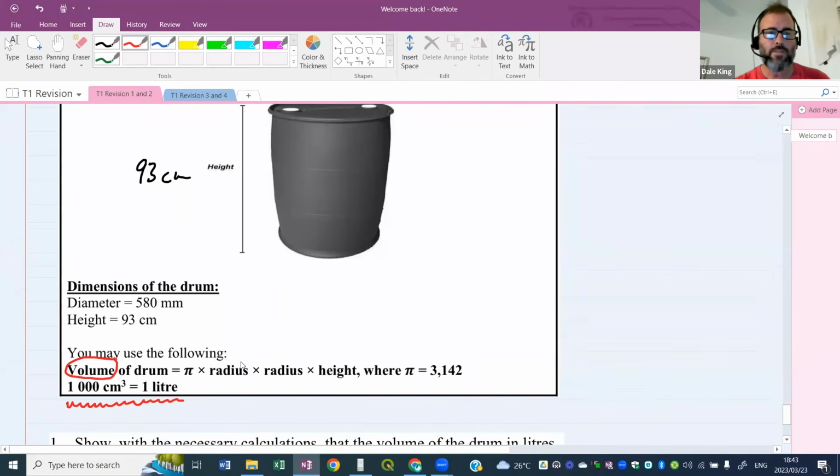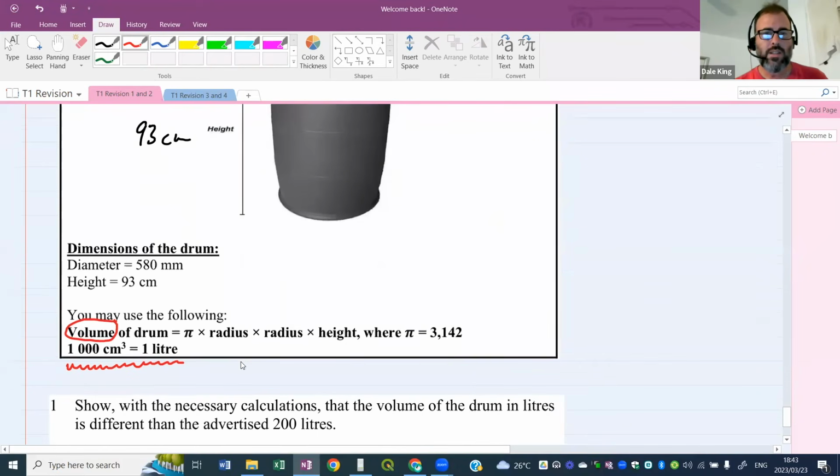All right, here comes the question. Show with necessary calculations that the volume of the drum in liters is actually different to what is advertised here. So check the volume of the drum in liters and see if it is 200 liters. Now, the dimensions are over here. They were on the diagram. They're also written over there. You've got a formula. Let's see how you guys do with this one. Just remember, when you work out your volume, you're going to have to change that to liters.